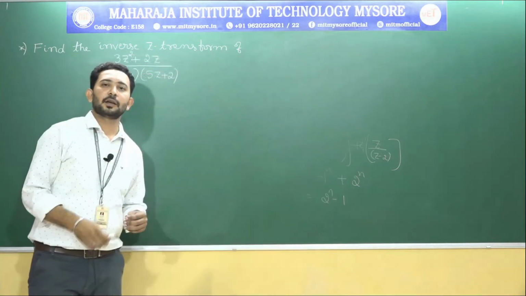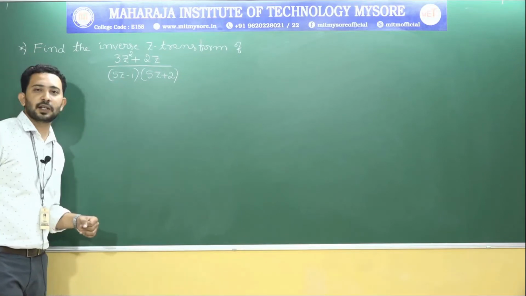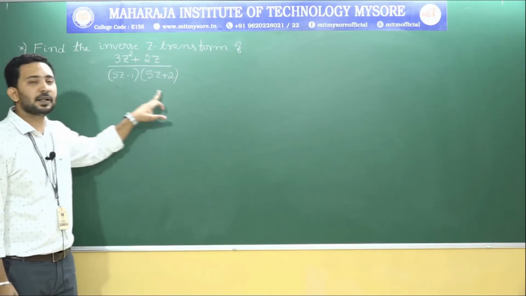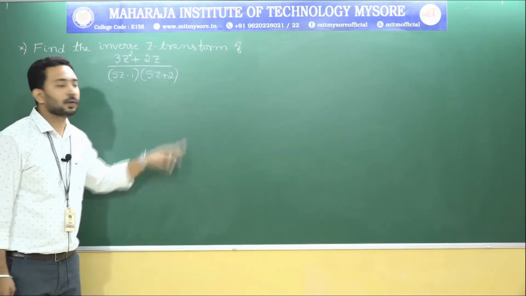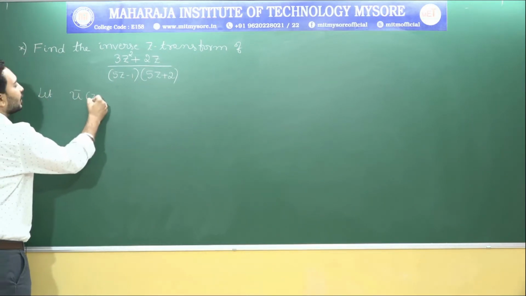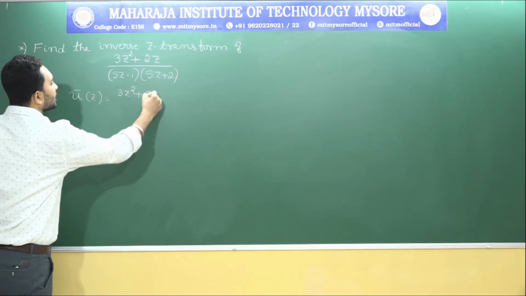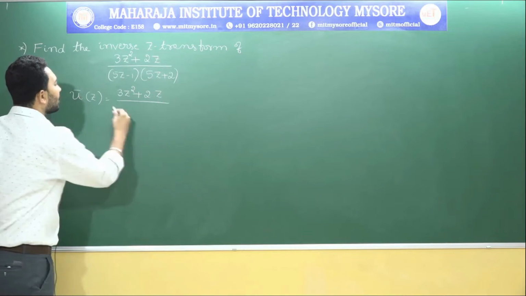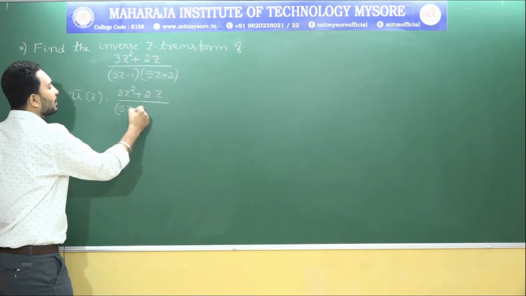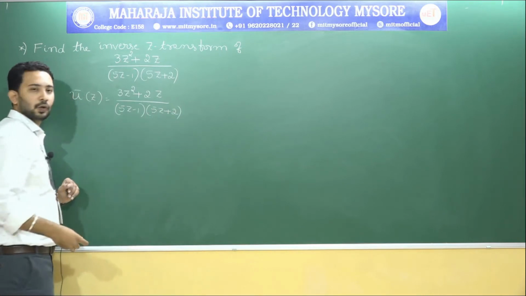Second problem. Find the inverse Z transform of 3Z square plus 2Z divided by 5Z minus 1 into 5Z plus 2. Let U bar Z equals 3Z square plus 2Z divided by 5Z minus 1 into 5Z plus 2.